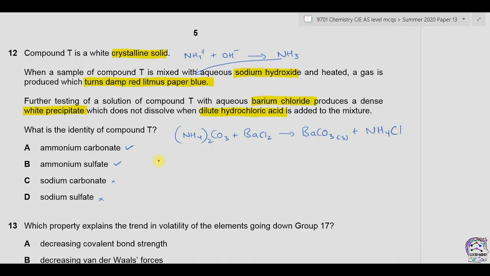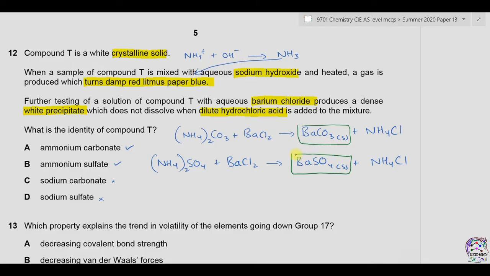Let's write the second chemical equation of ammonium sulfate with barium chloride. It forms barium sulfate and again ammonium chloride. Now both barium carbonate and barium sulfate are white in color and both produce white precipitate.